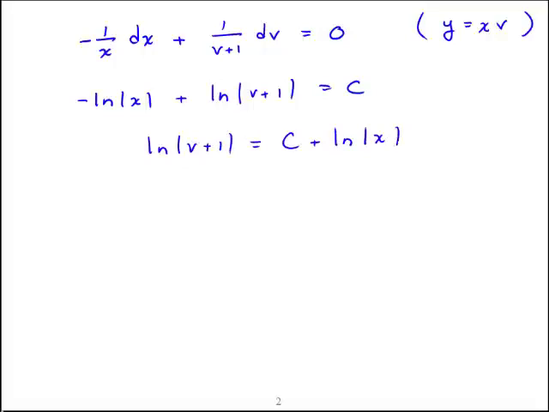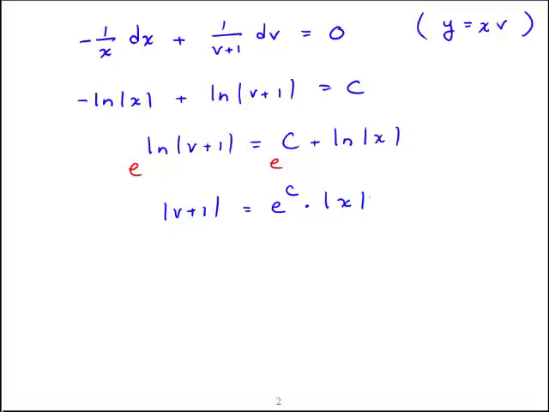And what we're going to do is take each as the exponent of the exponential function and simplify. So e to the natural log of the absolute value of v plus 1 will just simply give us the absolute value of v plus 1. e to the c plus natural log of absolute value of x gives us e to the c times the absolute value of x. Now we have absolute values on both sides.